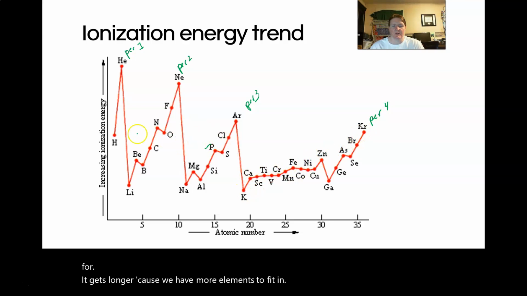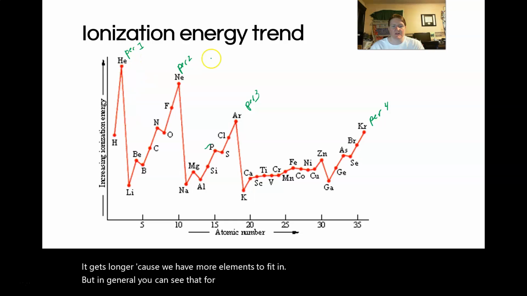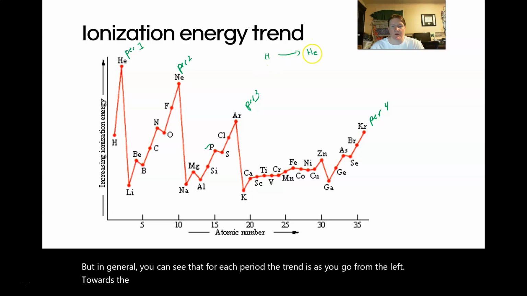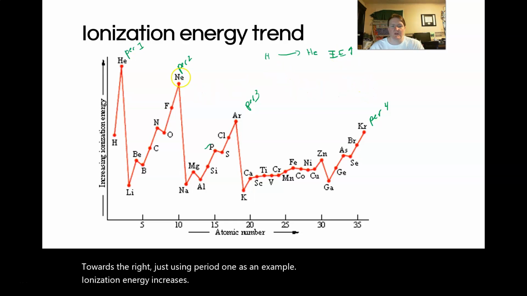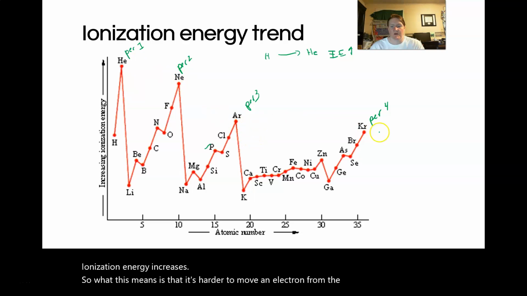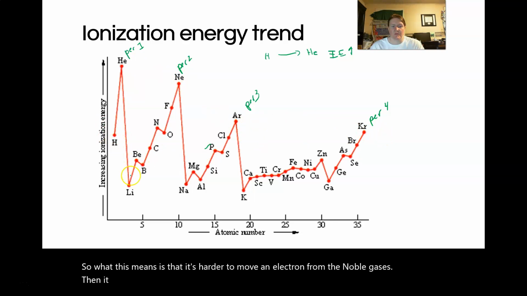But in general, you can see that for each period, the trend is as you go from the left towards the right, just using period 1 as an example, ionization energy increases. So what this means is that it's harder to remove an electron from the noble gases than it is to remove from the alkali metals, right?